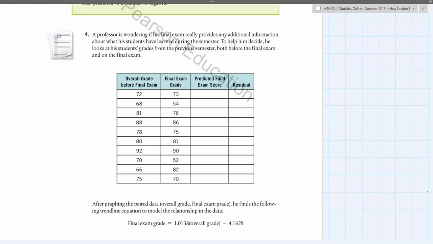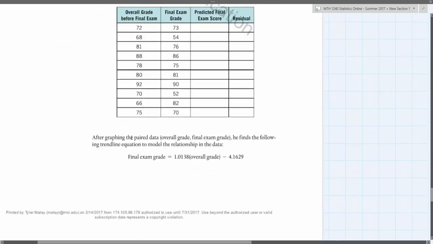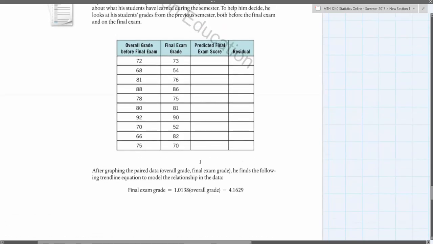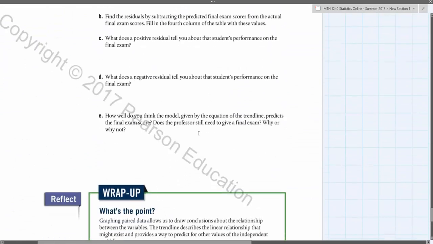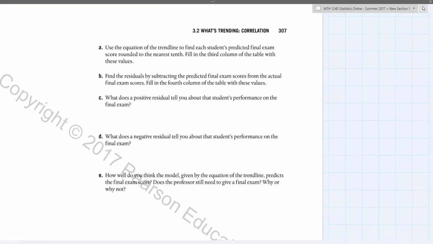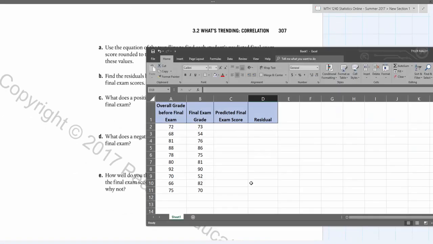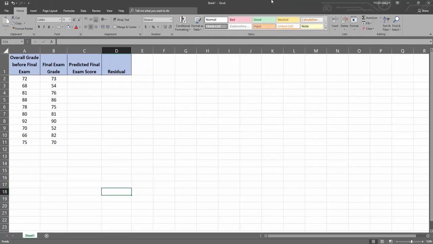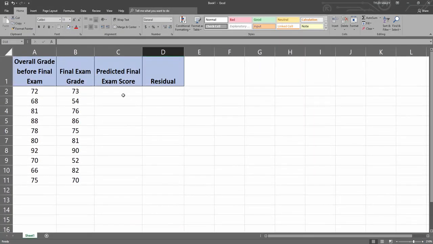That's what it's asking. You can see here we have a line of best fit provided: final exam grade equals this value down here. So what we want to do is fill in this table, and then have some follow-up questions to go along with that. To make this go a little quicker, I made the table in Excel here.